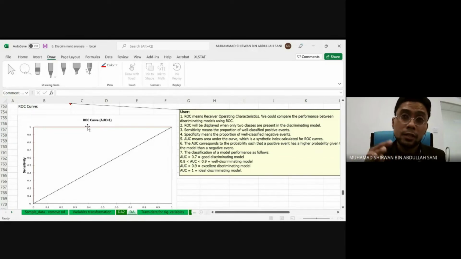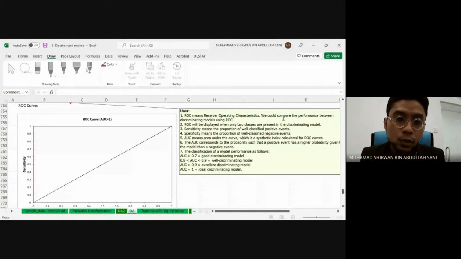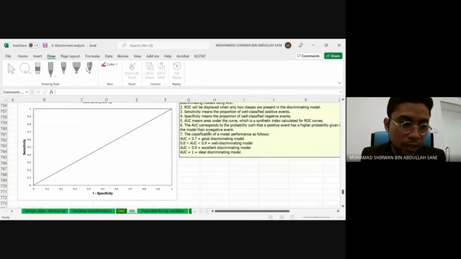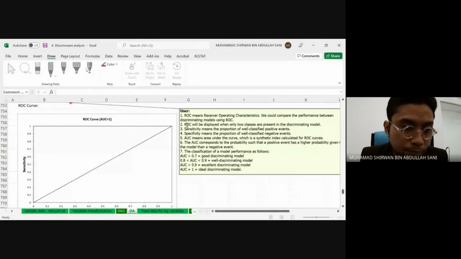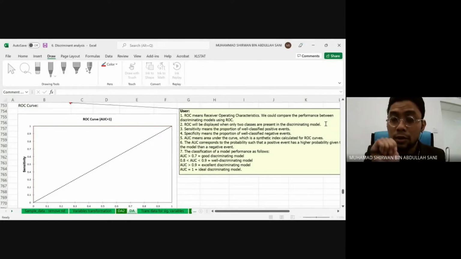They want to differentiate two groups, so that's why they create this ROC curve as supporting evidence. Okay, so from this ROC we could compare the performance between the discriminating models using ROC. So if you have different discriminant analysis models, you can compare between ROC values. So you can see ROC will be displayed only when two classes are present in the discriminating model. Again, I repeat the same thing. If your classes are more than two, ROC will not appear.